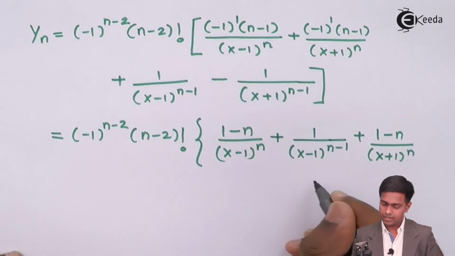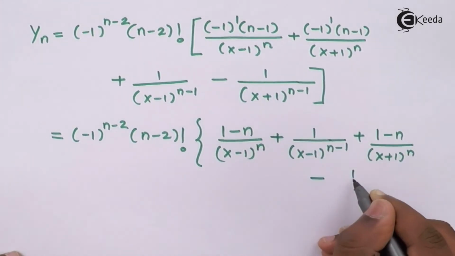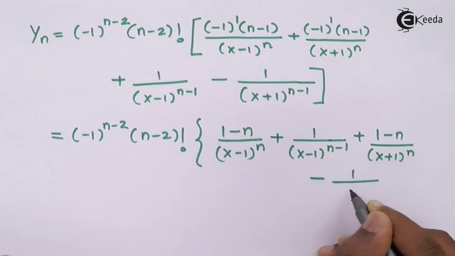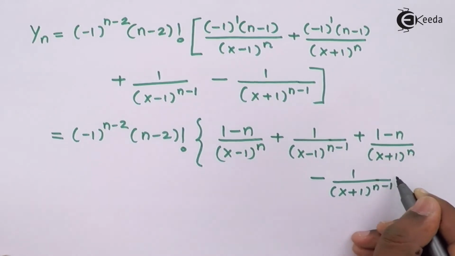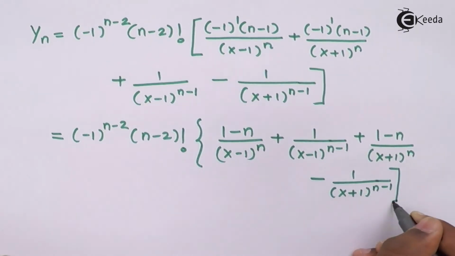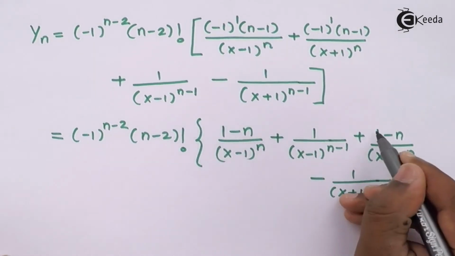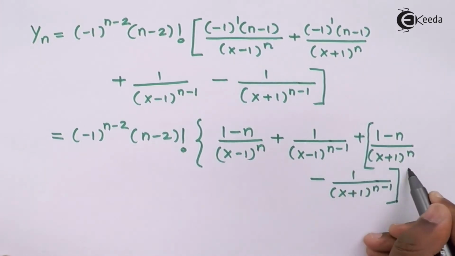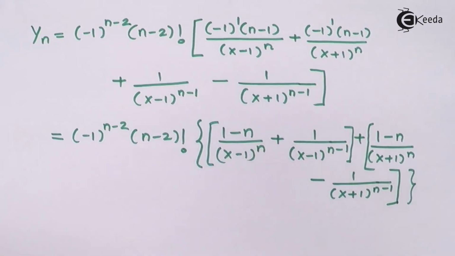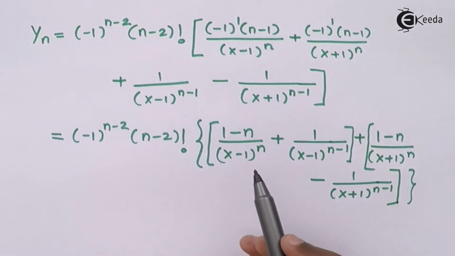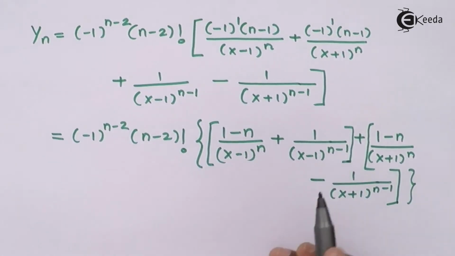And here it is minus 1 upon (x plus 1) raised to n minus 1. Now guys, I'll give the brackets over here. Now we'll simplify the terms which are there in the bracket.